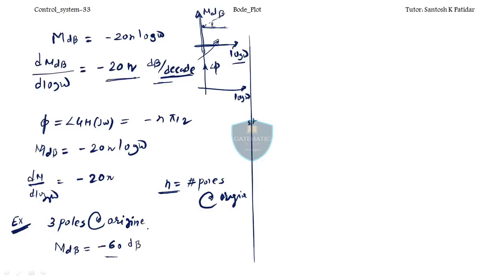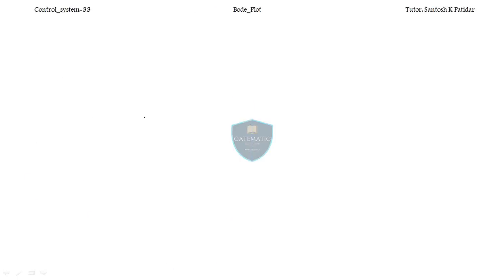The slope because of this will be minus 60 dB per decade, isn't it? And if you talk about the phase, it will be 3 times pi by 2. This is the condition you have. Again on the phase page I'll talk about this. If you have n number of poles at origin, the magnitude will be here, n equal to, let's take 3.